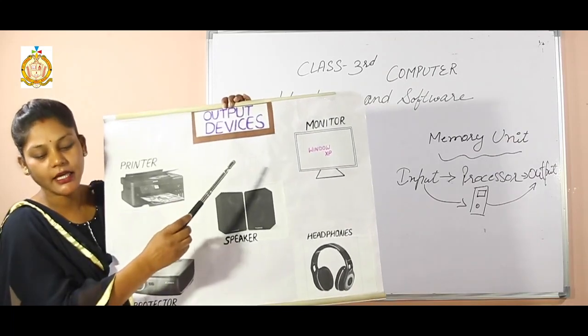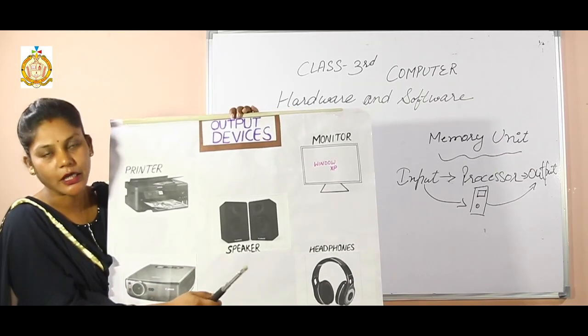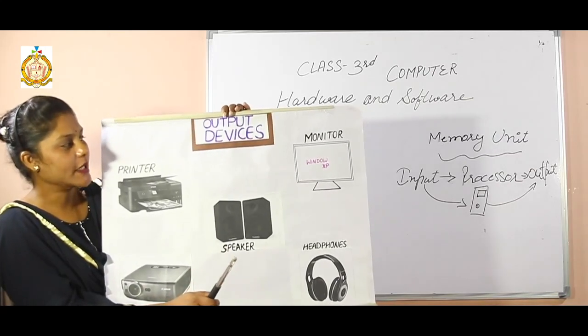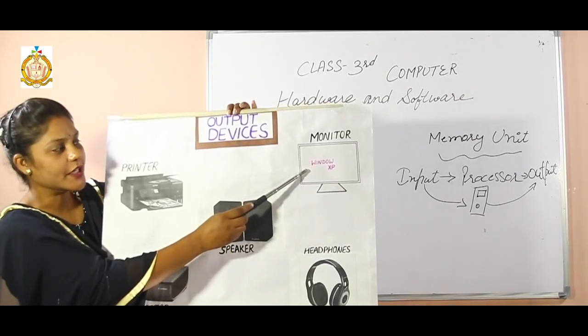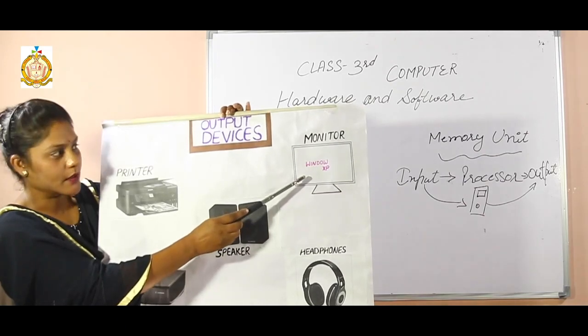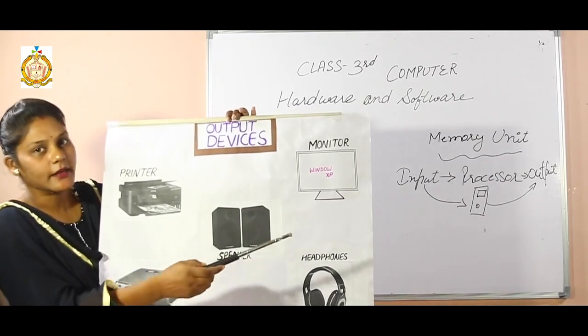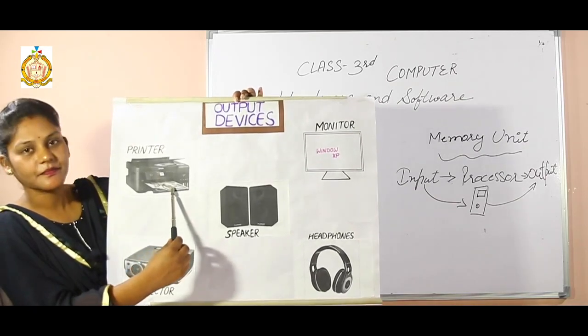A monitor is an output device that is used to display text, pictures, video, sounds, etc. Clear, students? With the use of this monitor, you can get the answers. Next thing is the printer.